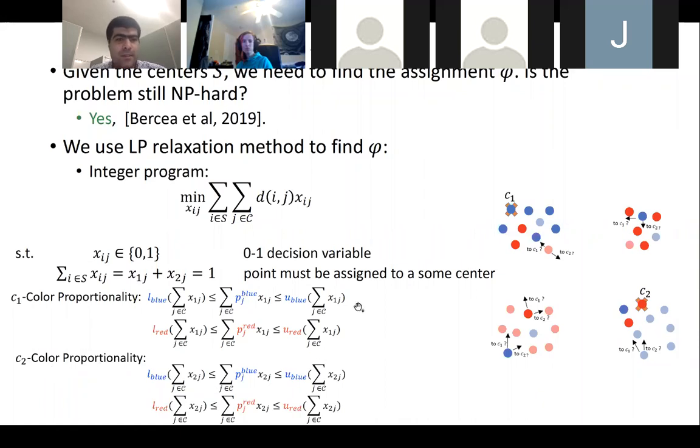Now we haven't really done anything. This is the integer program, so it's the exact same problem, just written in symbols, and this is also NP-hard. The LP relaxation simply amounts to letting x_ij be between 0 and 1 instead of being either 0 or 1. This is now a linear program, and we can solve it to optimality in polynomial time.